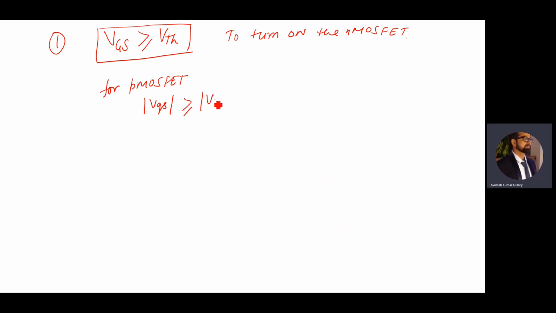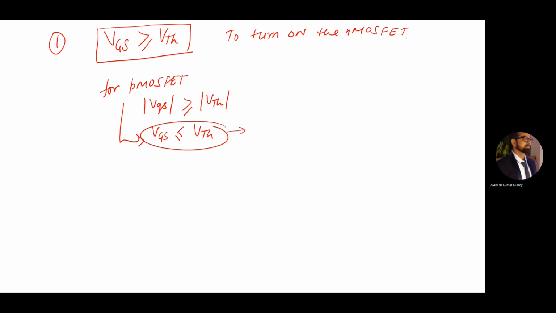Mod of VGS should be greater than or equal to mod of VTH, or we can say VGS should be less than or equal to VTH in the PMOS devices. Both are true. You can use the mod. It means the positive value of VGS should be greater than or equal to the positive value of VTH, or if you consider the negative values, then this condition is true to turn on the PMOS. This is the other condition.